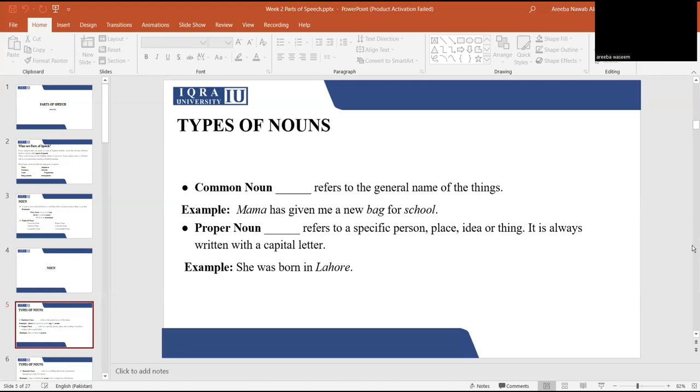She was born in Lahore. Here, she is not a proper noun because it's a general term that we use to point towards a female. But Lahore is a proper noun. It is a specific name given to a specific city.